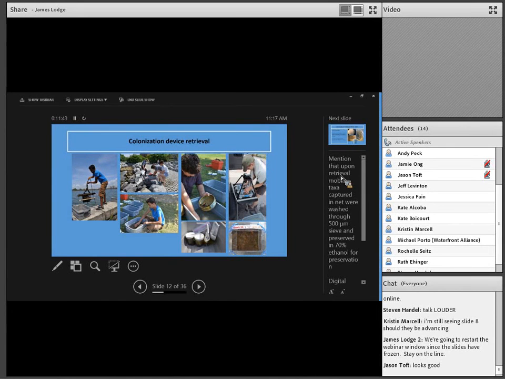So we started taking apart the trap so that we could separate the settlement tiles from the mesh netting. In the field, we would process the mesh netting and pull off any organisms and wash it out, so we got all the mobile organisms out of there. Joe in the middle there is putting them through a 500 micron sieve.